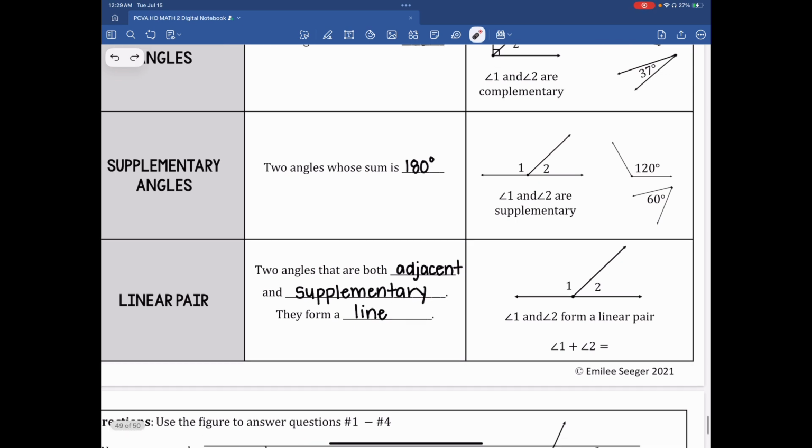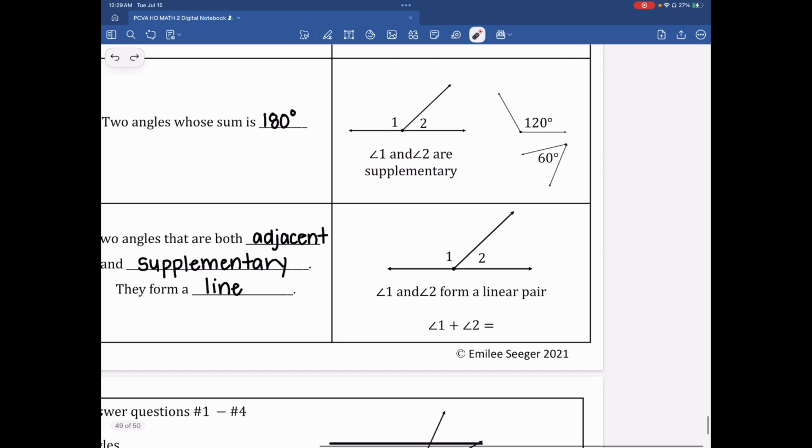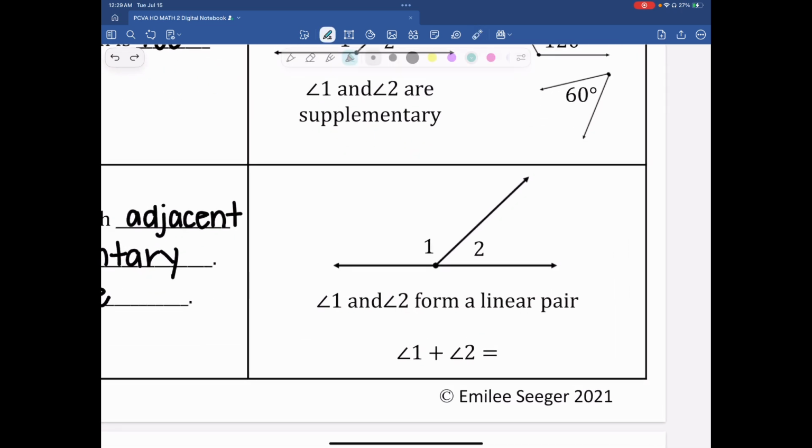I mentioned a linear pair a second ago, but a linear pair is two angles that are adjacent and supplementary. They form that line. So if we notice here, I have two angles. Angle 1 is this angle, and they share that side, and then we have angle 2, which again shares that side.